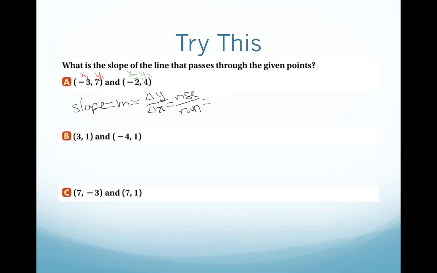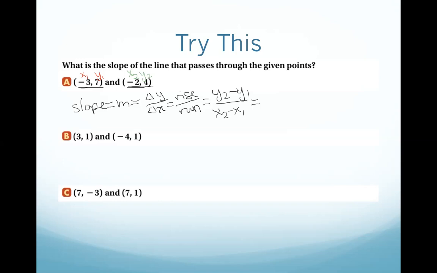Okay, so we're going to start with y2 minus y1 divided by x2 minus x1. Now, if you had switched and you called your first one here the second point, and you called this one the first point, you would end up with exactly the same answer. Okay, so it doesn't matter which one you call first, which one you call second. What matters is that you put them in the same order when you put them in the equation.